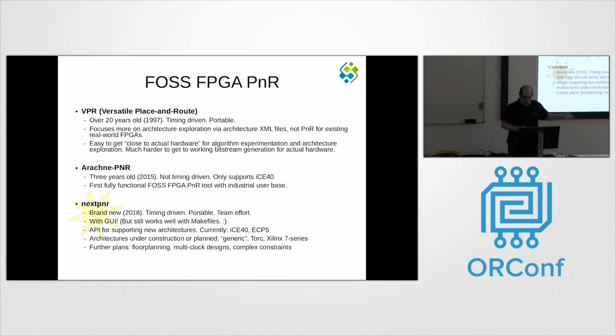We have a branch that you can't see at the moment, but we will probably either release it in some way or merge it to the main line that supports Torc, which is a framework for doing bit manipulation for older Xilinx devices.